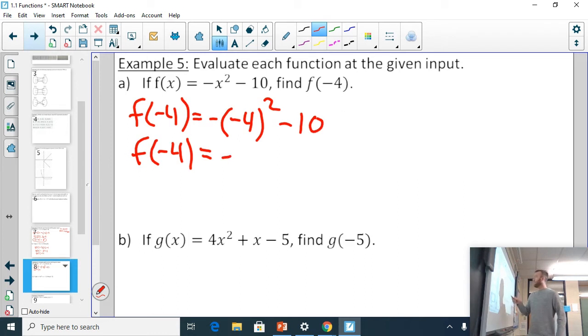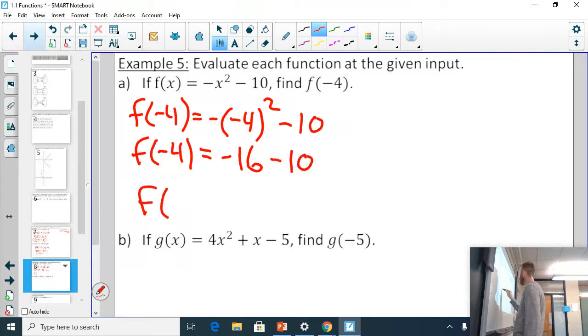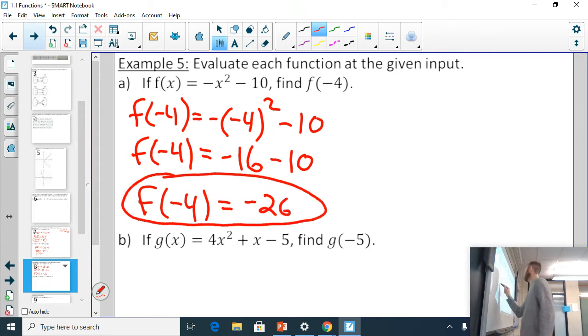We have negative, and then negative 4 in parentheses squared. Negative 4 times negative 4 is going to be positive 16, but we still have that negative out front. So this is going to be negative 16, and then minus 10. If we have negative 16 and we go back 10 more, we're going to end up with negative 26. And that's our answer there.